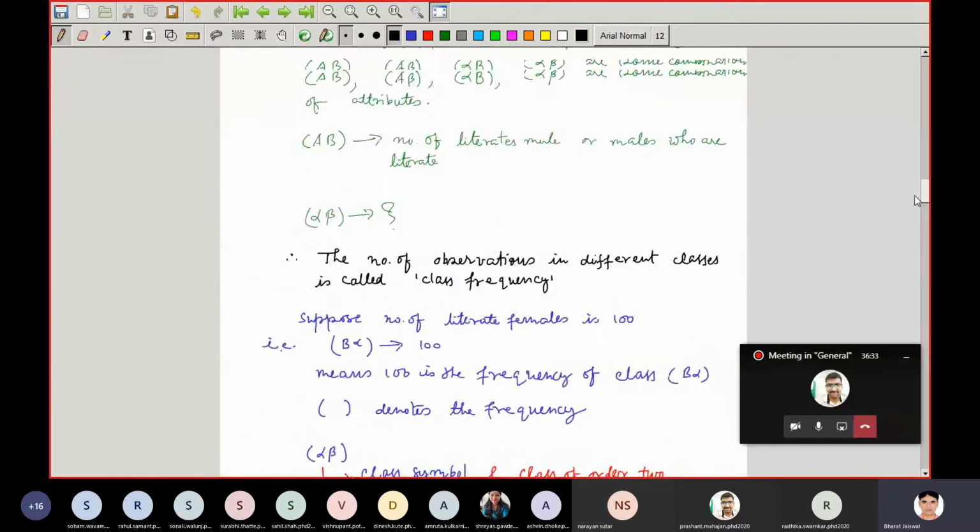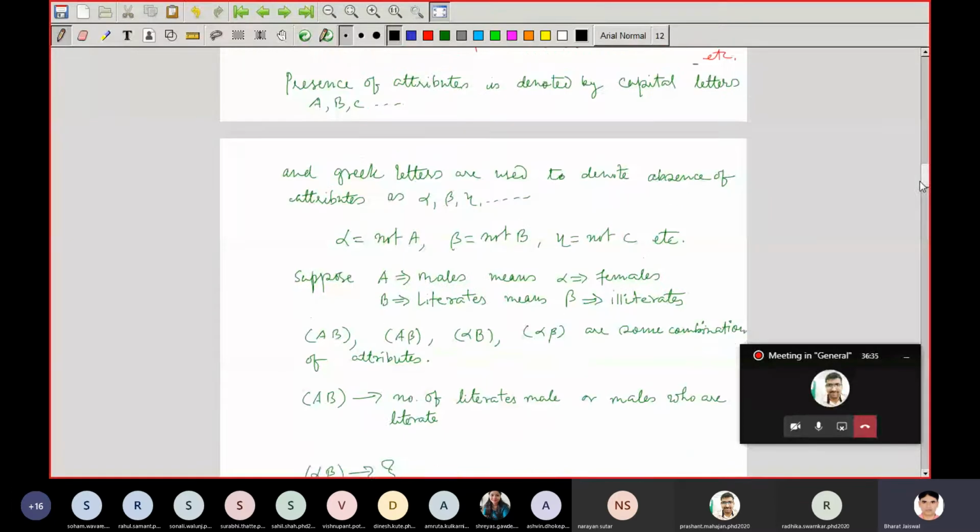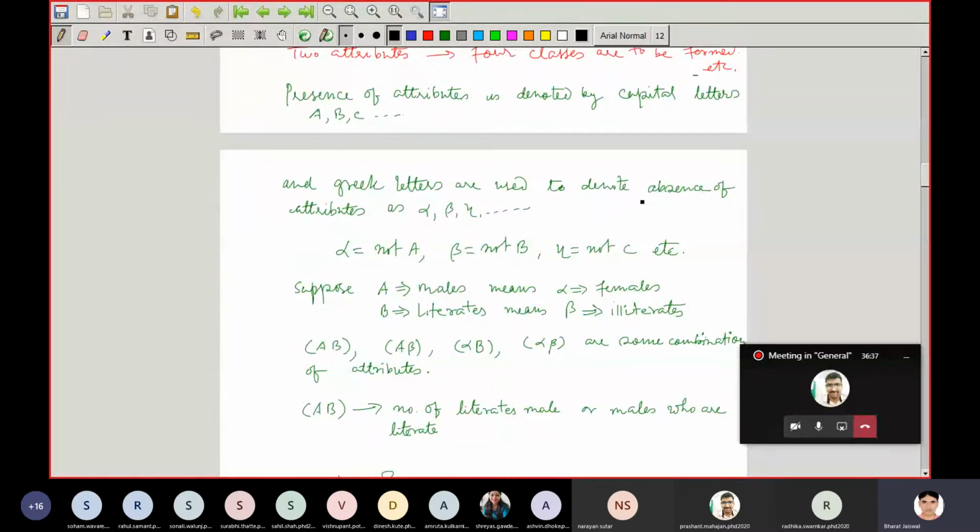Let me describe this more. The Greek letters are used to denote the absence of the attributes. Just remember, presence is denoted by capital letters and absence is denoted by Greek letters. If A is an attribute, then alpha will be not A. If A is blind, alpha will be denoted as not blind.